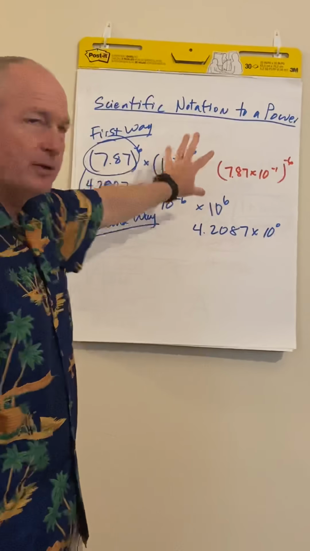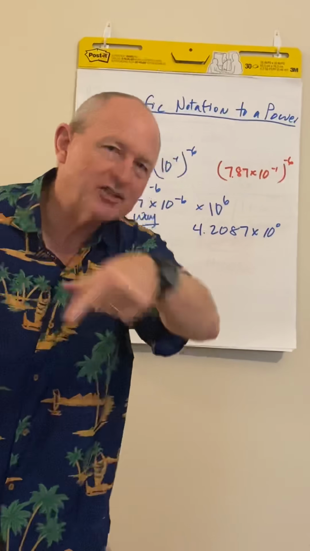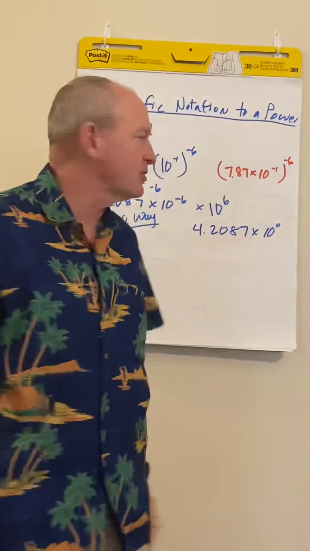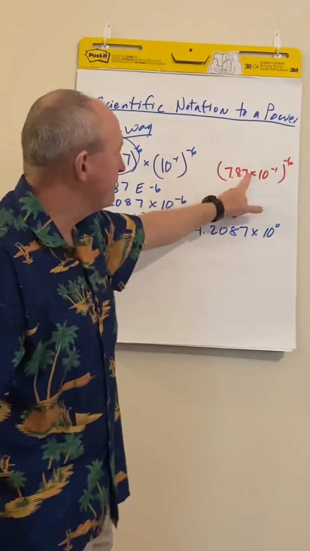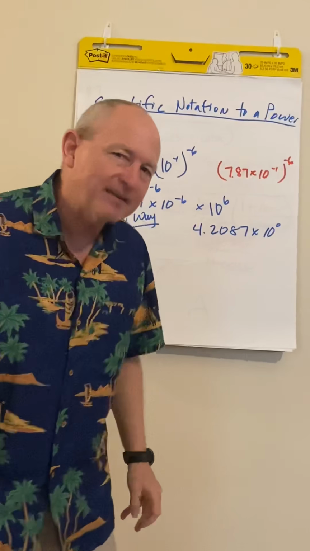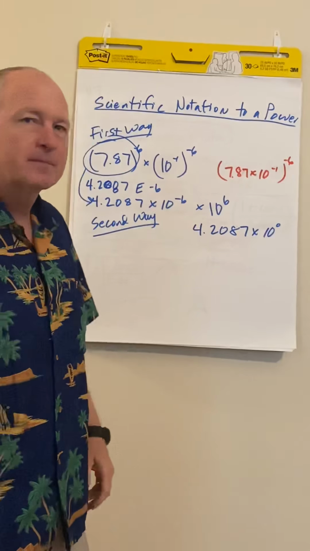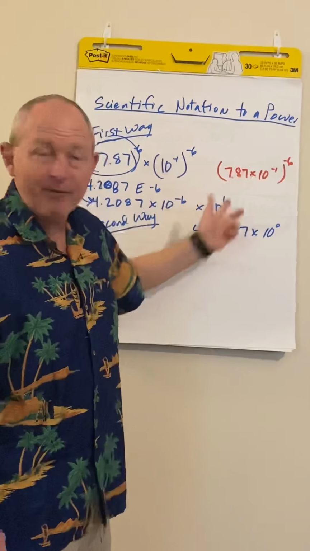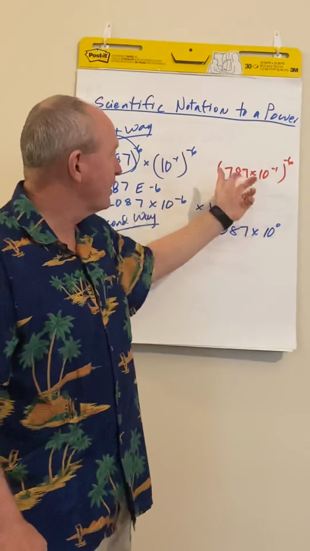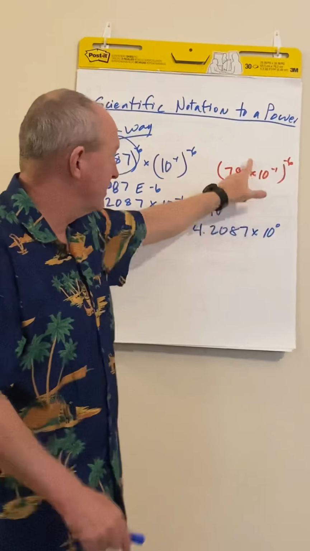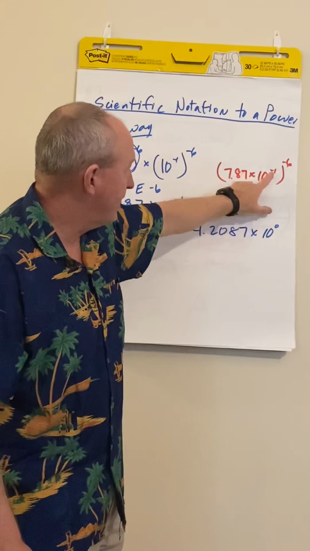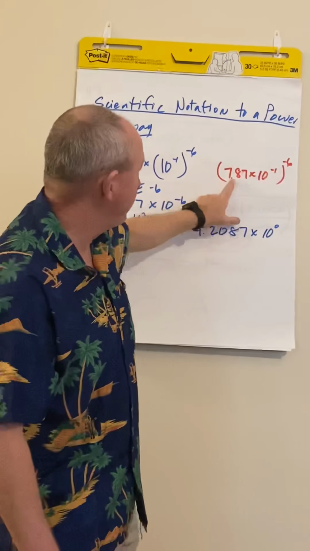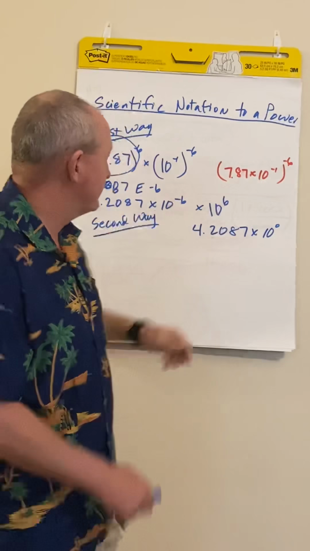Now that was one way to do it. Now we're going to do it a second way, just to show you get the exact same answer. Let's figure out what 7.87 times 10 to the -1st is first. If I wanted to change it to regular instead of scientific, I would just take that -1 exponent, and that tells me to move my decimal one place to the left.